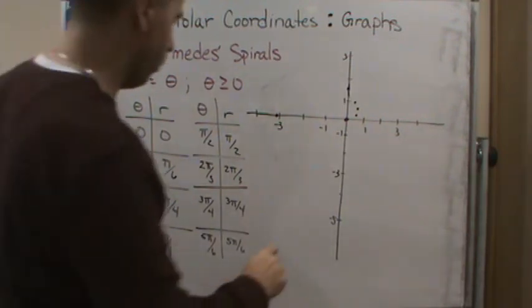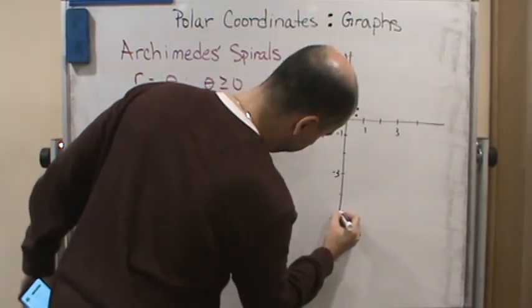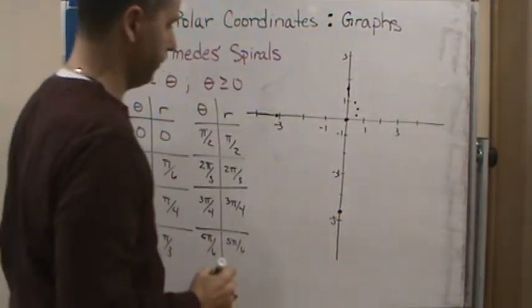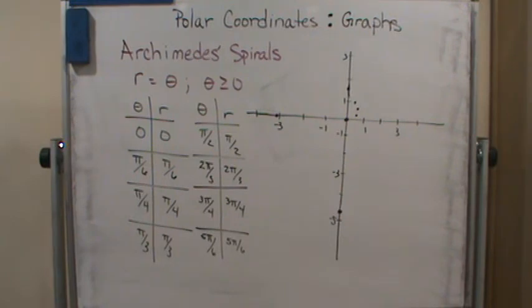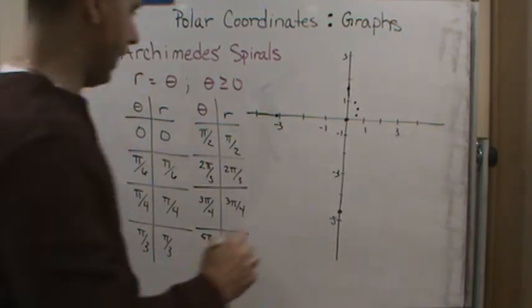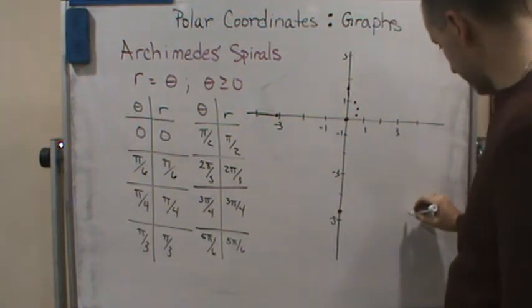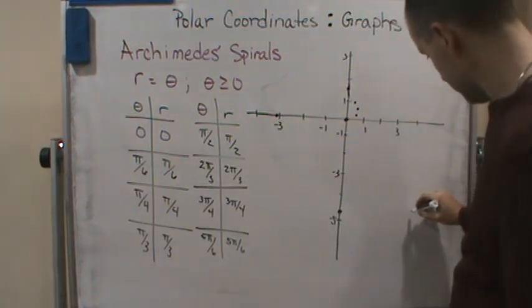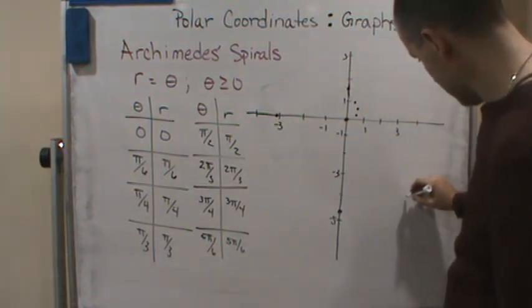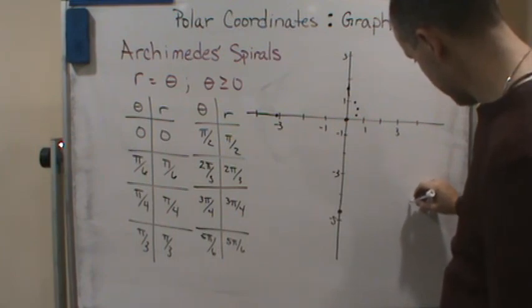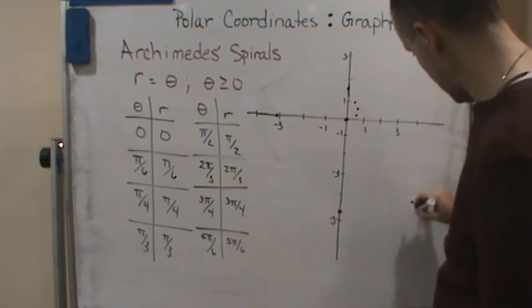So 4.71 is right about here. And 5.5 is, let's say, way out here, but right about here, let's say.